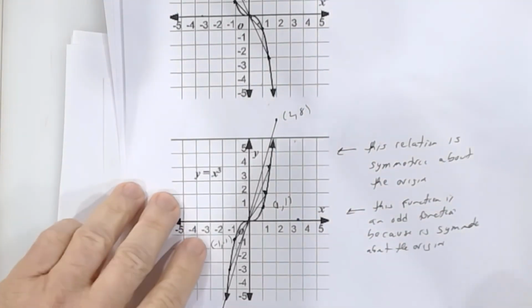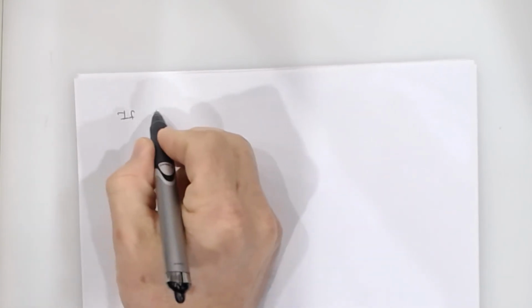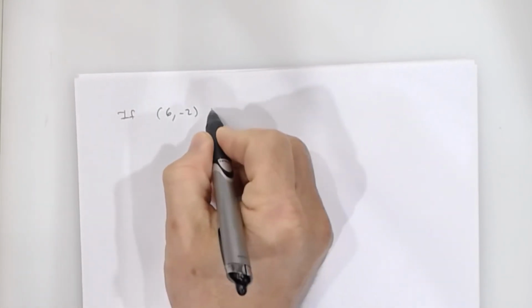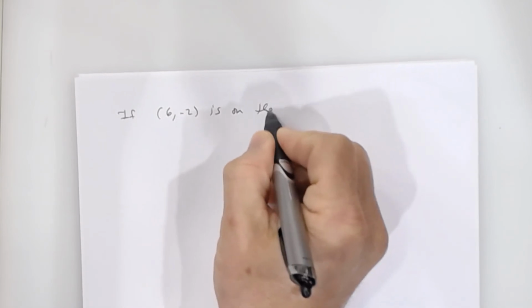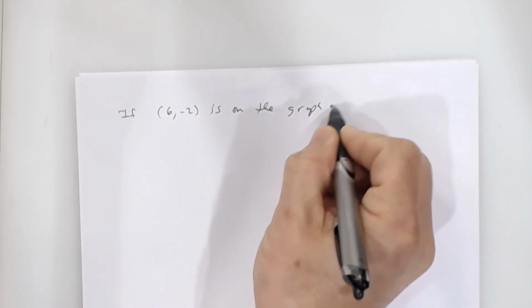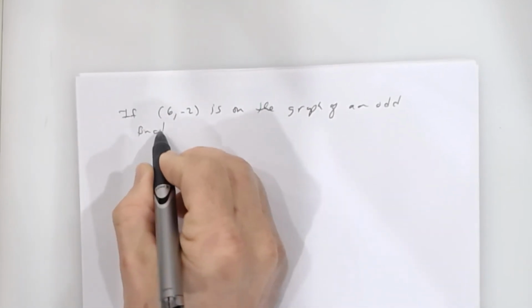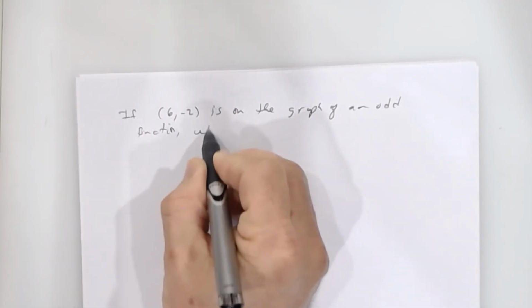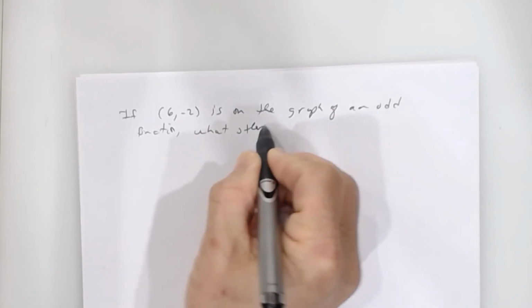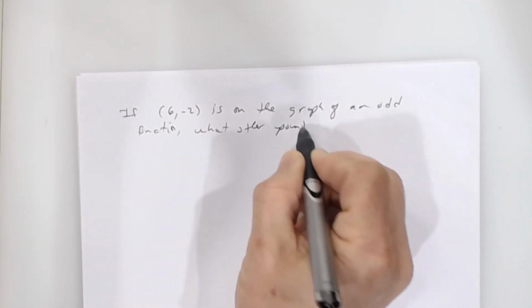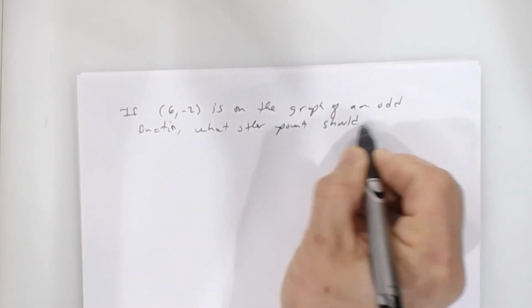So then, here's another question. If 6, negative 2 is on the graph of an odd function, what other point should be on that graph?